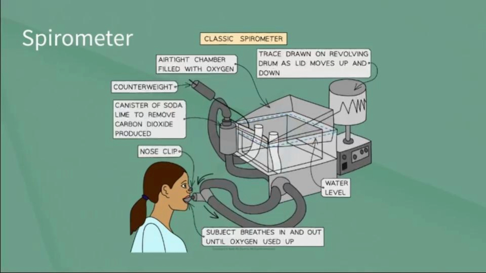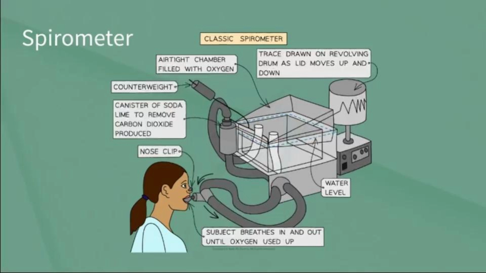You can see that there is a girl here, she's wearing a nose clip so that air doesn't come out of the nose, and then she's breathing in and out of a tube. Other parts to be aware of: you have a trace being drawn at the back, and this is moving as the drum of liquid is moving up and down.